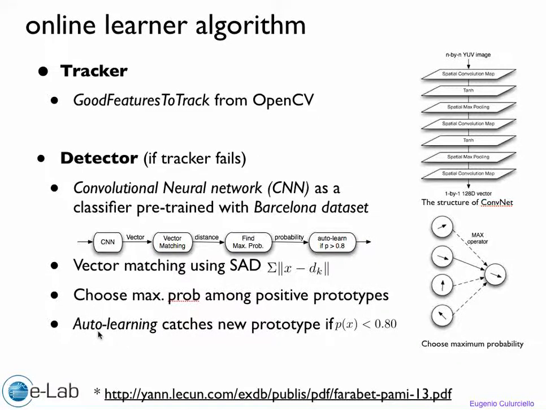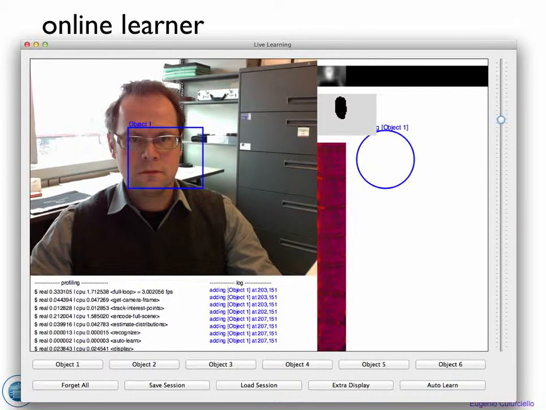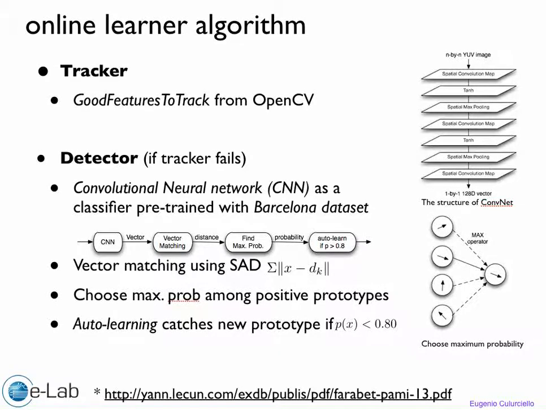We also have an auto-learning function that, if selected and the probability of finding the specific object once it's tracked drops below a certain value, takes a new sample at that location as a possible extra prototype that needs to be added to the online learner.